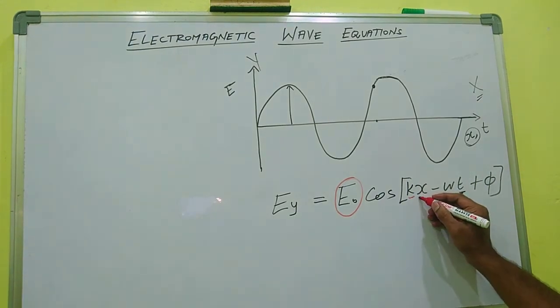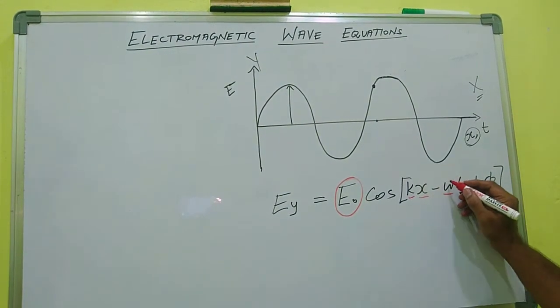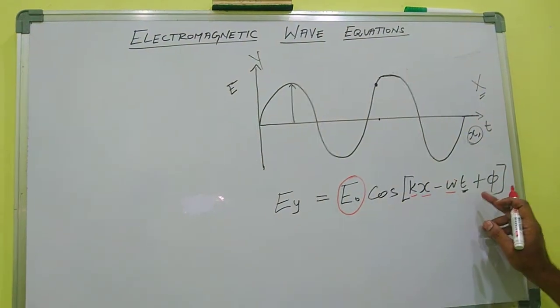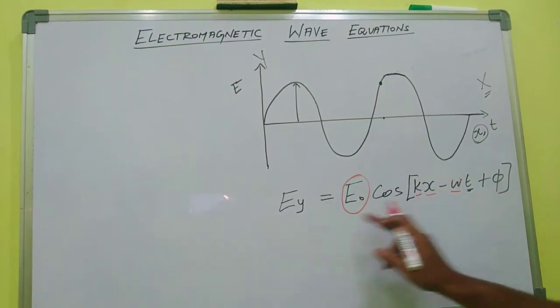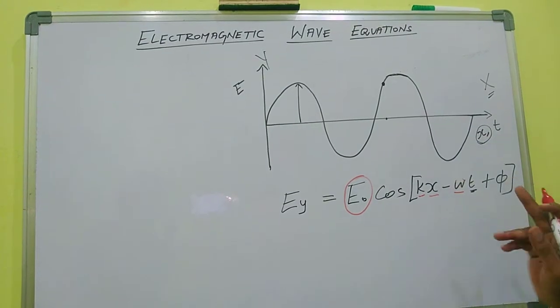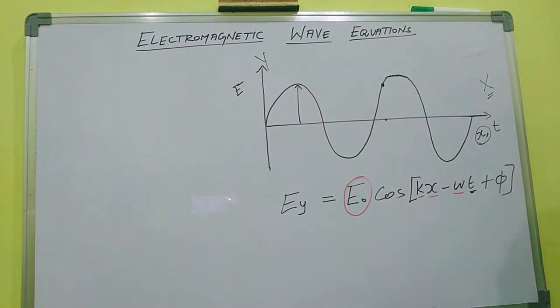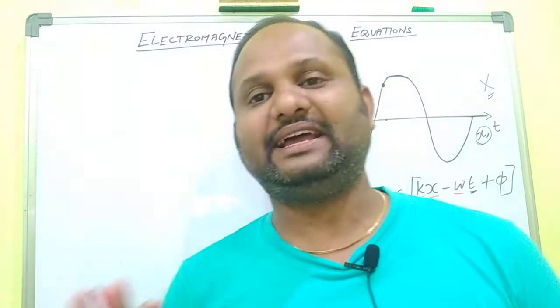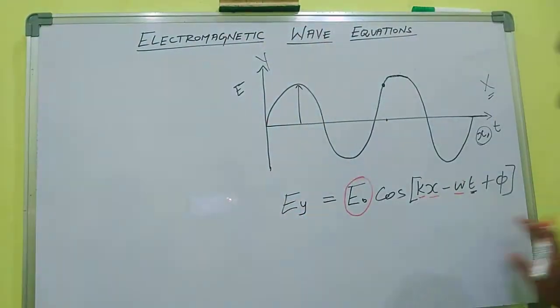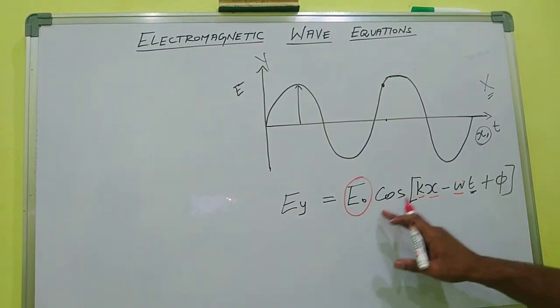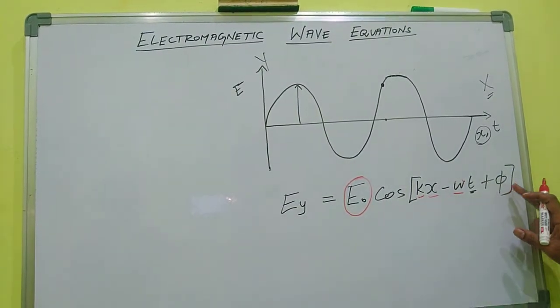Where x is the displacement, and omega is the angular frequency. Frequency is nu, angular frequency is 2 pi nu. And t is the time. Phi is the initial phase of the electric field in the y direction. That is the meaning behind this expression: Ey is equal to E naught cos(kx minus omega t plus phi).